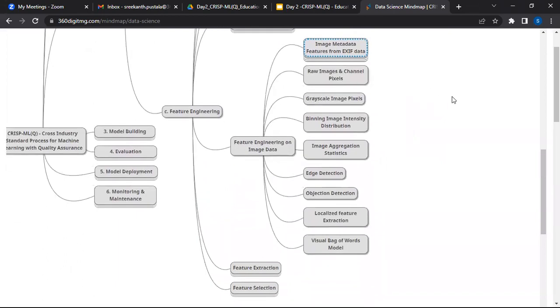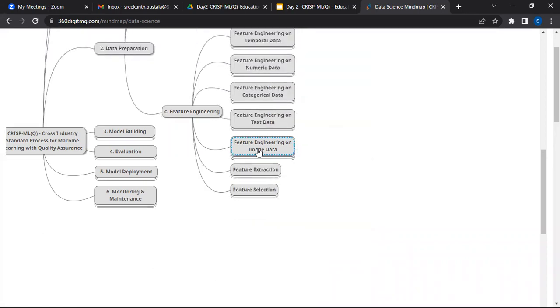And we can take the raw images and channel pixels. We can take the grayscale image pixels, binning image intensity distribution, image aggregation statistics, edge detection, object detection, localized feature extraction, visual bag of words model. All this comes under feature engineering on image data. So we can do feature engineering on image data also.